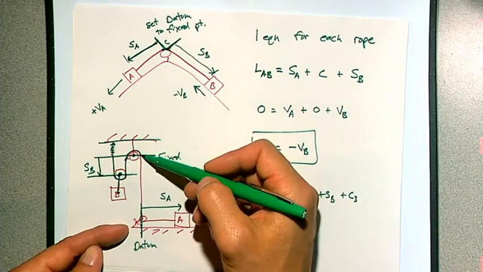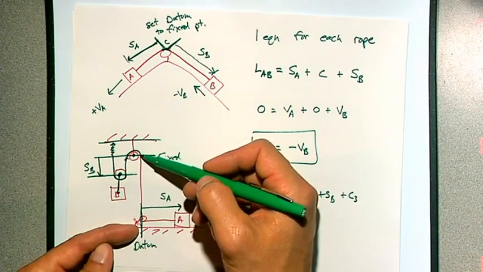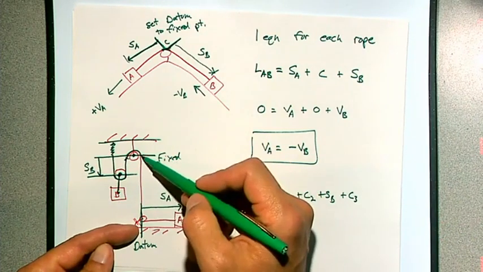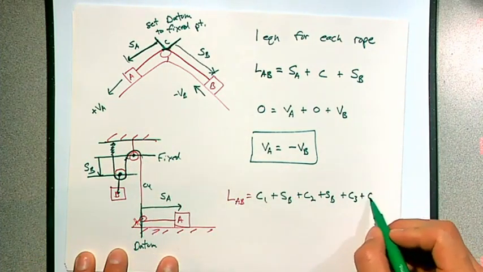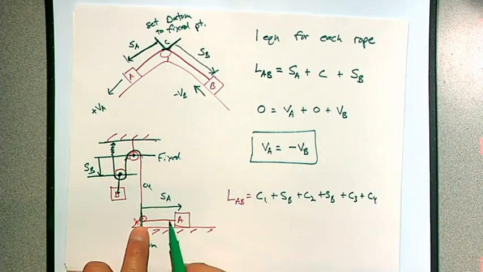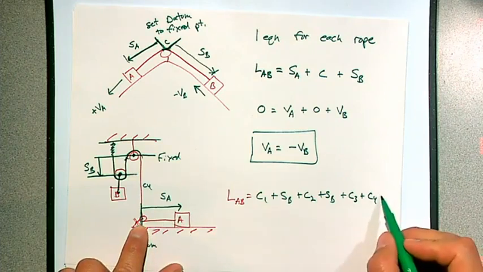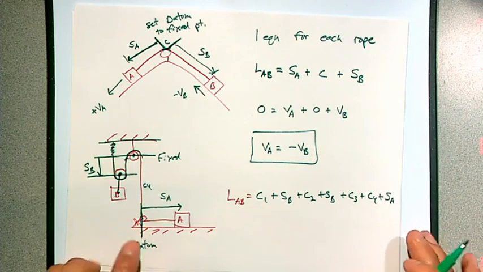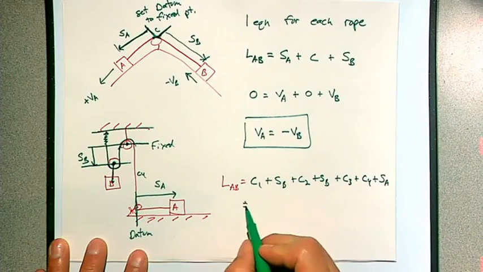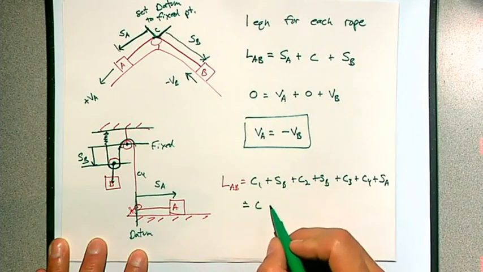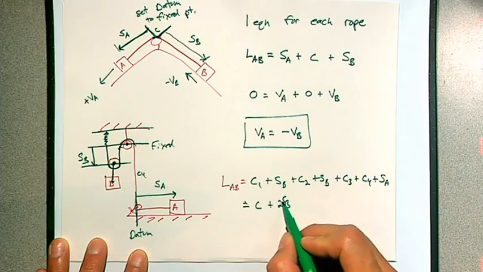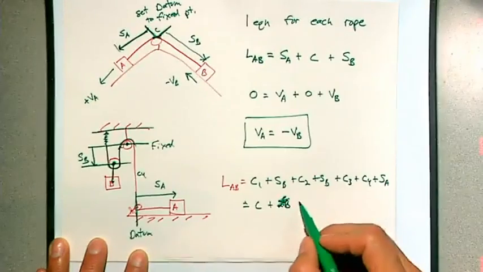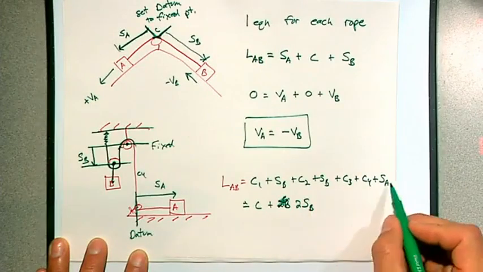And then, from the top pulley down to the bottom, hey, this is always fixed as well. Another constant piece. This is my C4. Lastly, I've got my distance to point A. So this looks really gnarly, but it's really just some constant plus 2, that's SB. I'll write it out, plus SA.